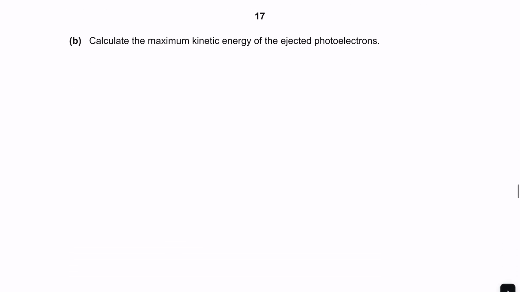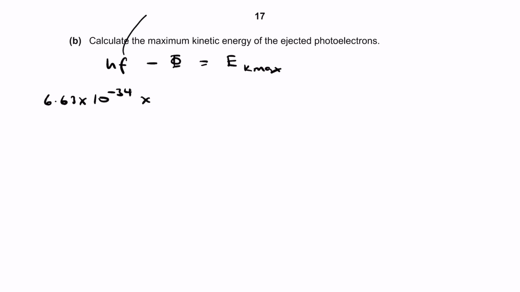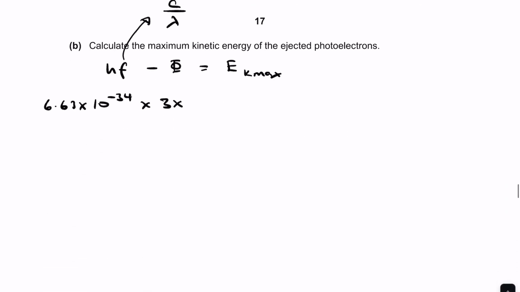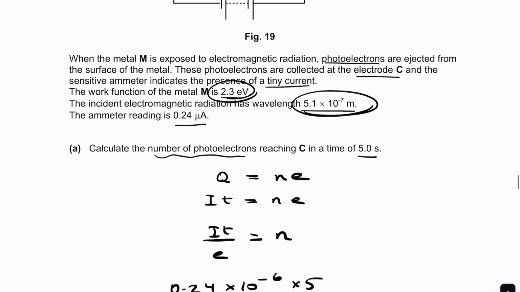Part B. Calculate the maximum kinetic energy of the ejected photoelectrons. We know that hf minus the work function is equal to EK max. h is known, and the frequency can be calculated using c over lambda, because we are given the wavelength. So we put in 3 times 10 to the power of 8 over 5.1 times 10 to the minus 7, minus the work function, which is given to us as 2.3 eV.